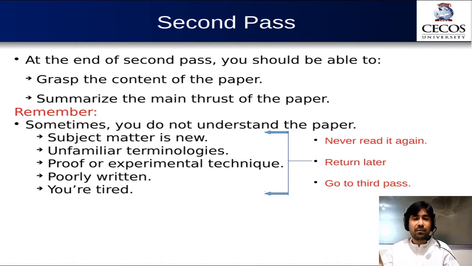So with time you would be able to understand them. Similarly, the terminologies used in the paper may be very difficult or unfamiliar for you. So that is the reason why you are not able to understand the paper at the second phase. Similarly, some experimental techniques, some analytical techniques, the equations mentioned in the paper or the proof the author used to prove a concept may be new or a bit difficult for you, or you are not good in mathematical skills.